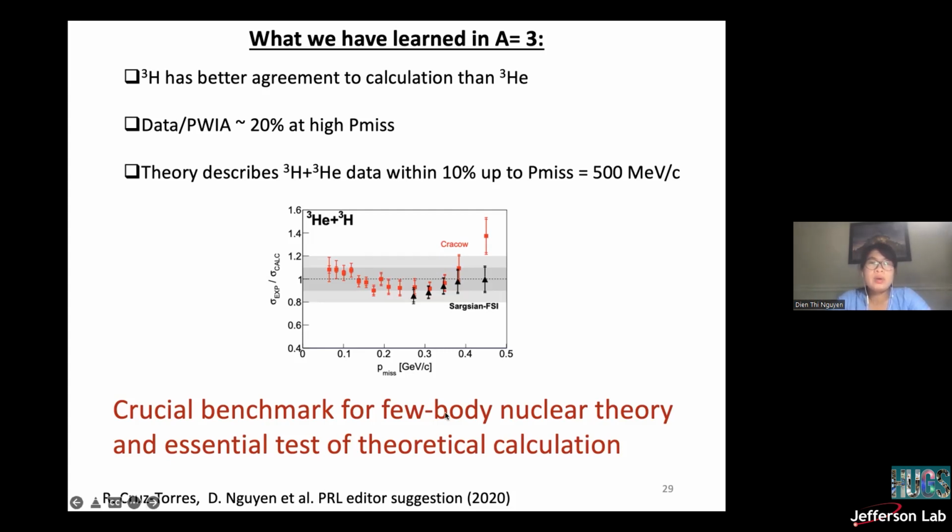This work was published in 2020, and I put the reference right here, so you can check out more detail about all these calculations and how we compare data and calculation for this project. But this crucial benchmark is what I would like you to take as the takeaway message from the A equal to 3 system.